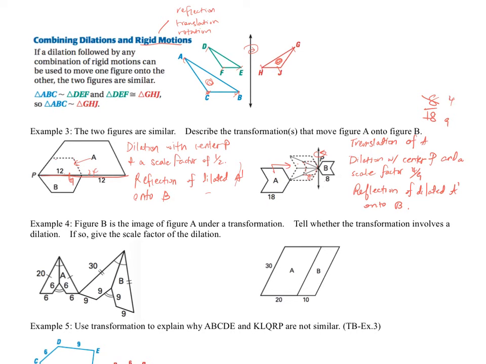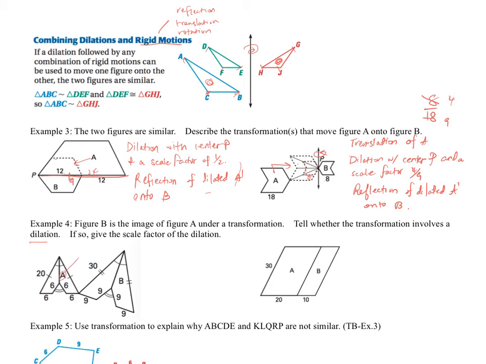Example 4. Figure B is the image of figure A under a transformation. Tell whether the transformation involves a dilation. If so, give the scale factor of the dilation. Okay, so this has to be a dilation because figure B became bigger and it's the final image.